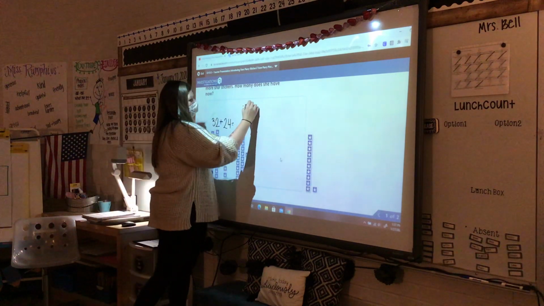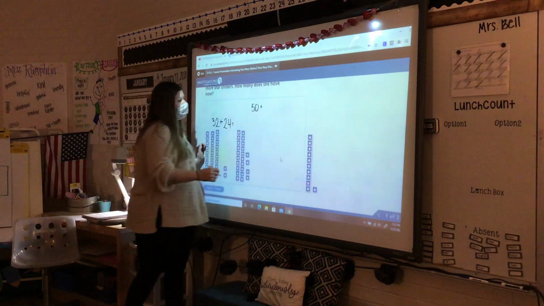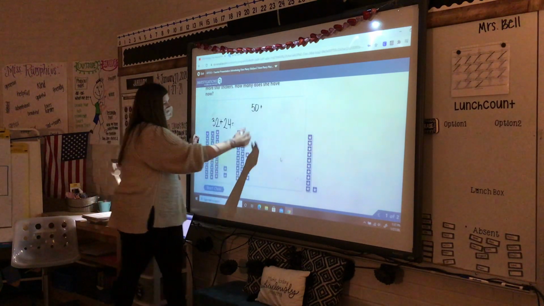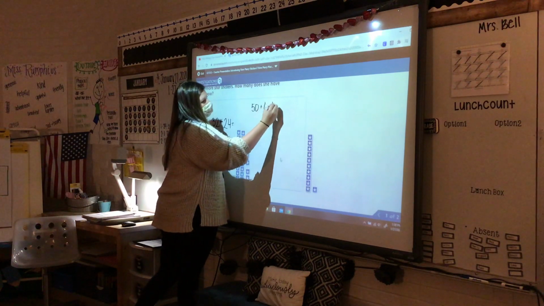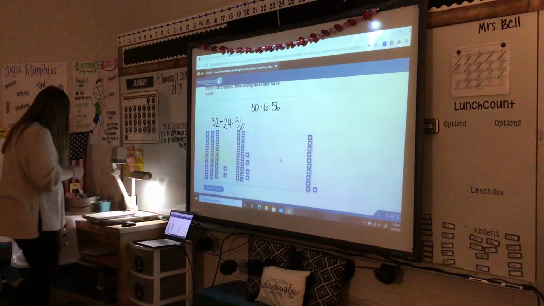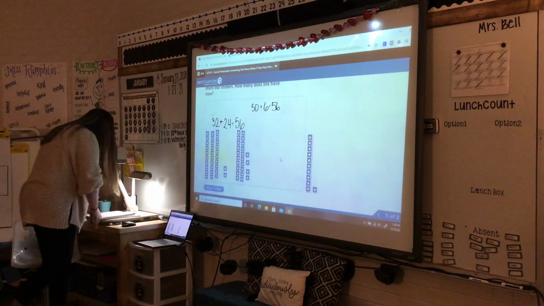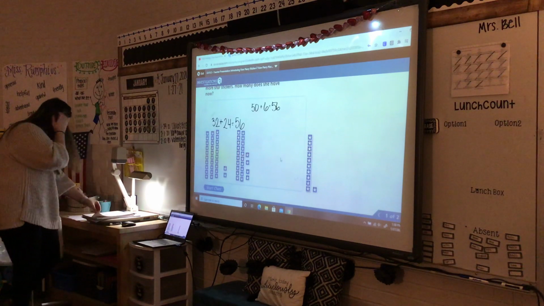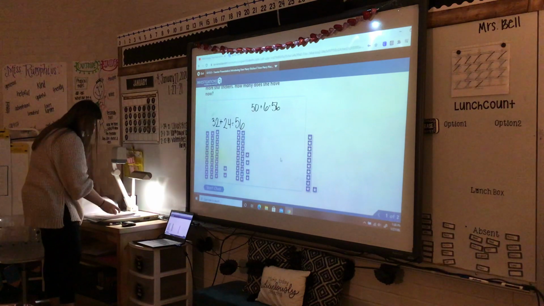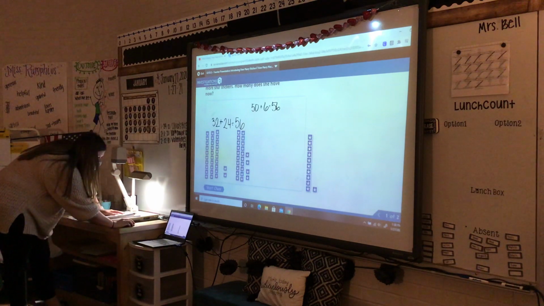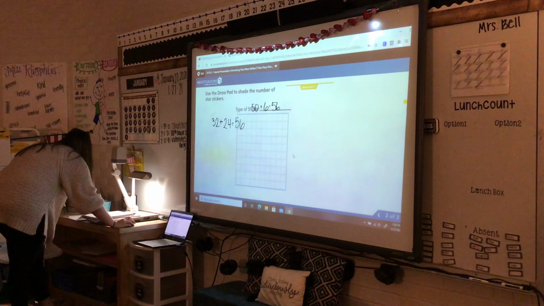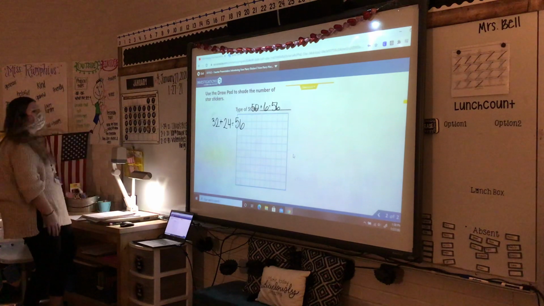Okay, we have 50 in tens, and then we're going to add our singles. 1, 2, 3, 4, 5, 6. 50 plus 6 equals 56. That is my answer to this. 56 stickers.